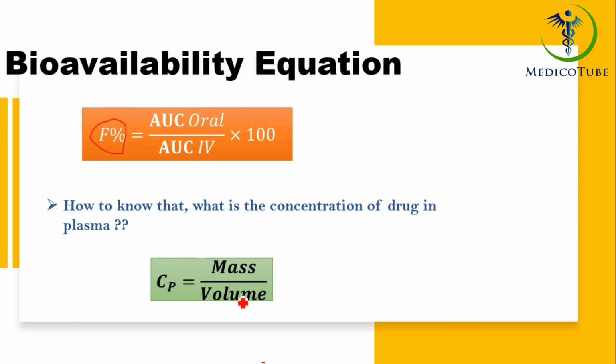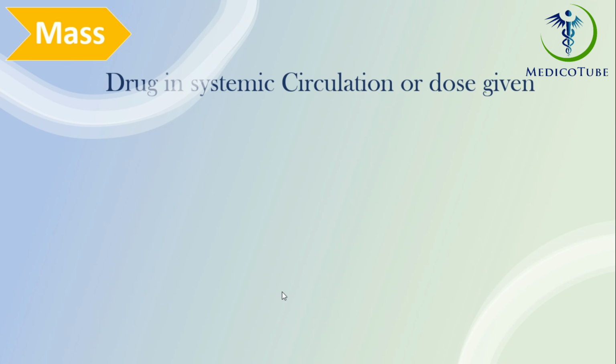First, we will see what the mass is. Mass is the drug in the systemic circulation, not the dose given. Whatever drug we give, the actual amount that we give is not the mass. The amount in the blood circulation is the mass.